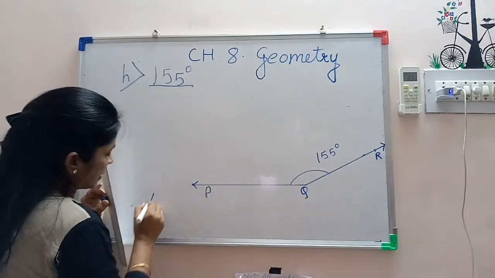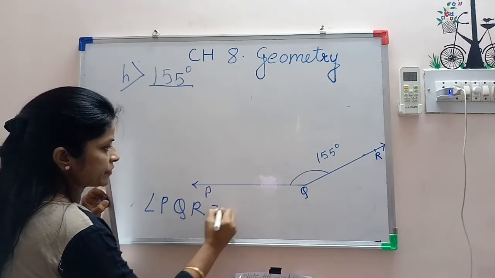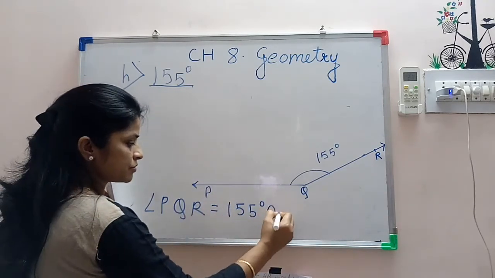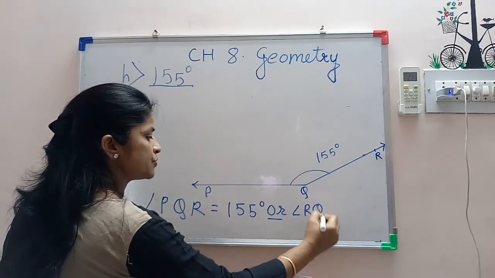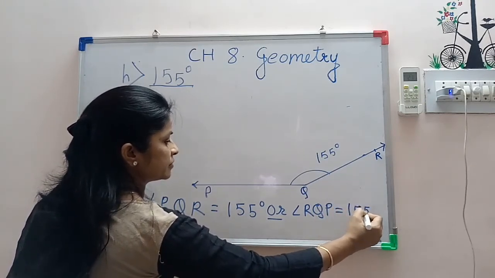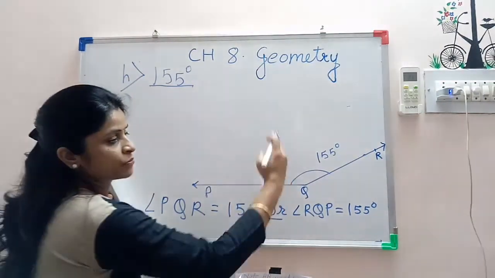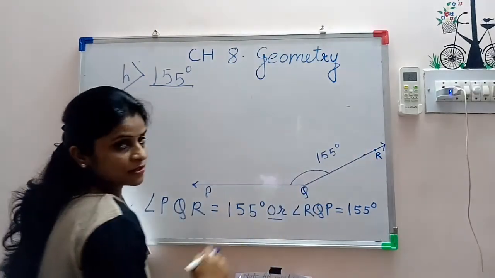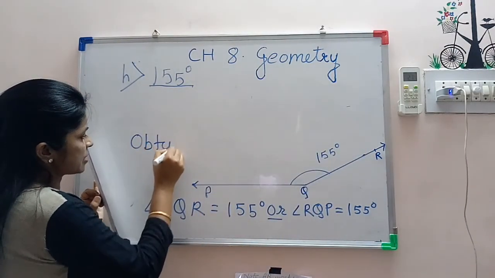Angle PQR is equal to 155 degree, or angle RQP is equal to 155 degree. You can see here this angle is more than a right angle. So this angle is called an obtuse angle.